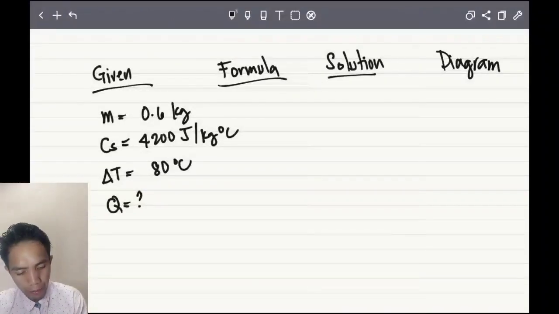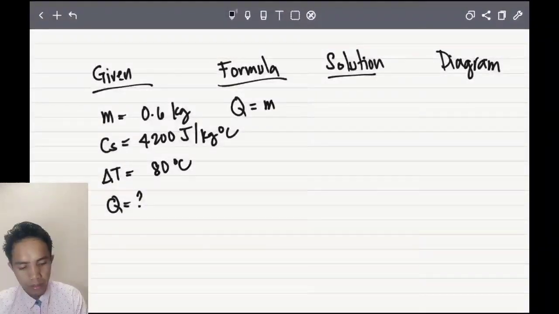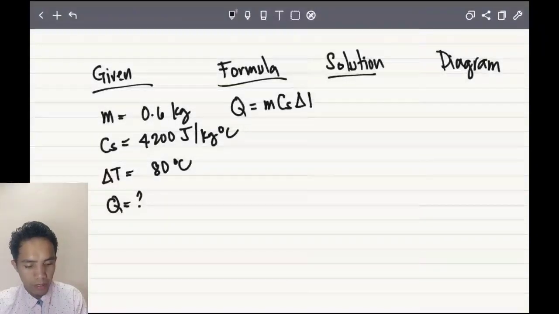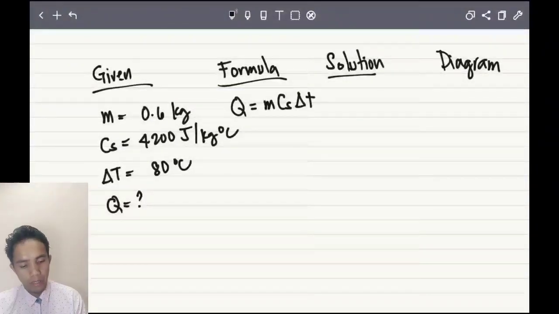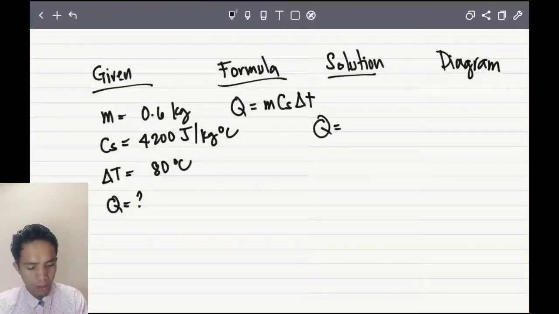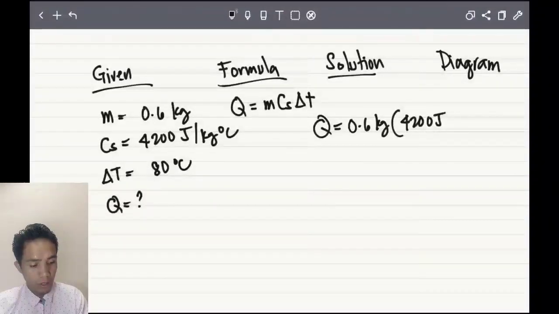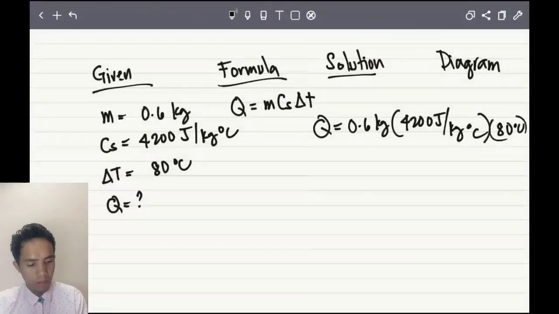Okay, formula, we have Q equals mass times specific heat capacity times change of temperature. Then Q equals 0.6 kilogram times 4,200 joules per kilogram degrees Celsius times 80 degrees Celsius.